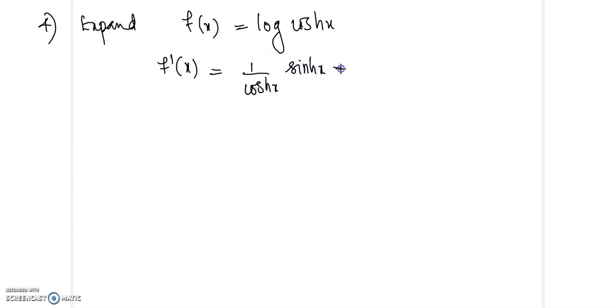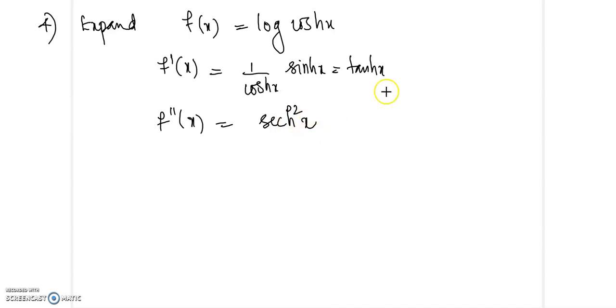So that will be equal to tan hx. And next we have f double dash of x. So f double dash of x will be equal to sec h square x.